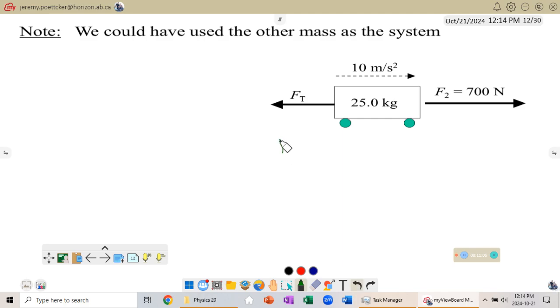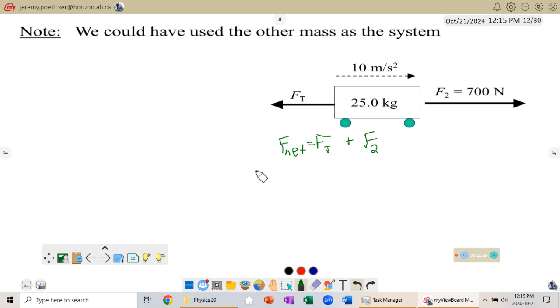We set it up exactly the same way. F net equals Ft plus F2.